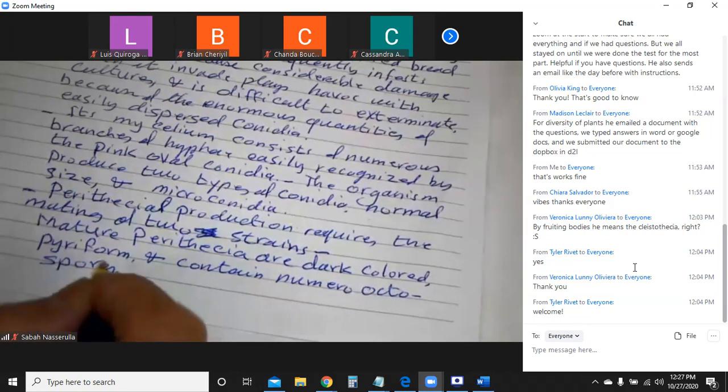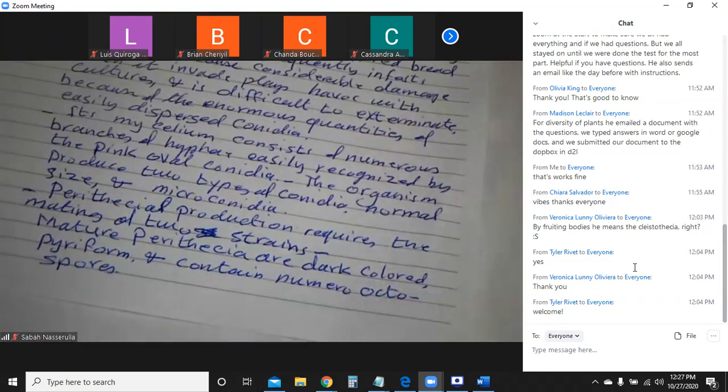You know what this means? We call it octospores because each of these asci has eight ascospores, octo meaning eight.